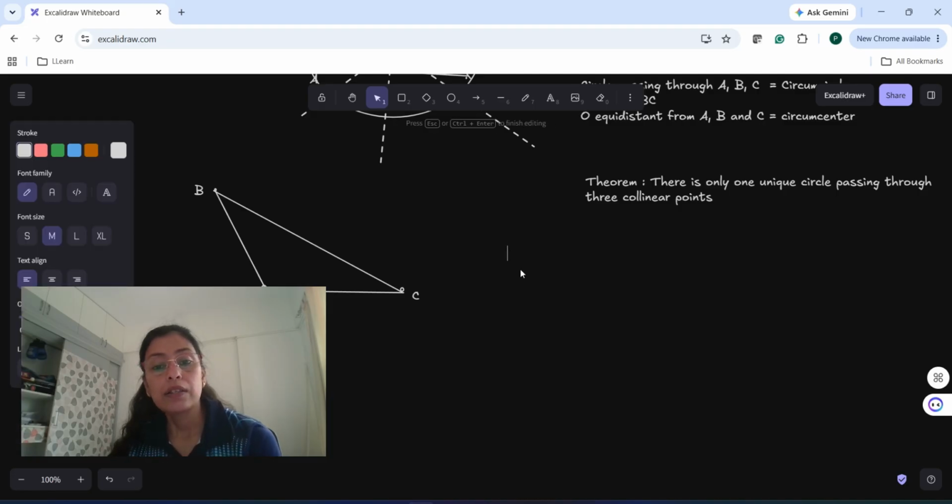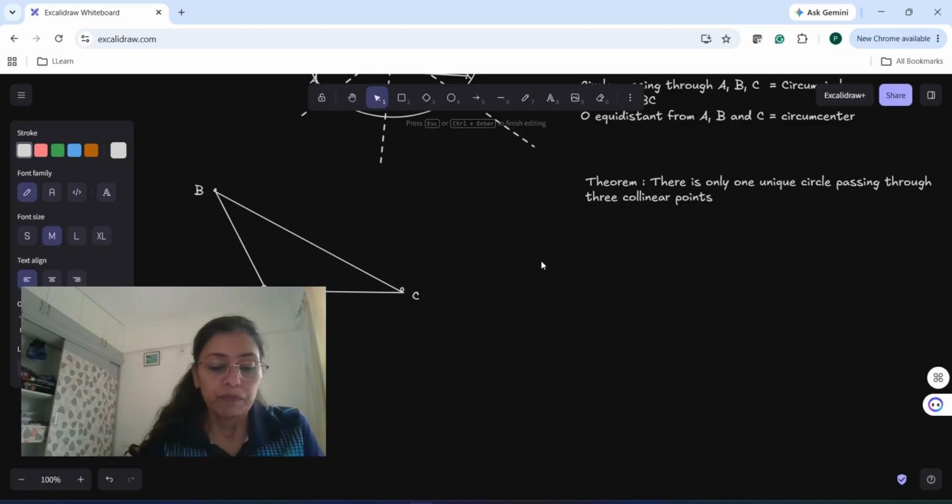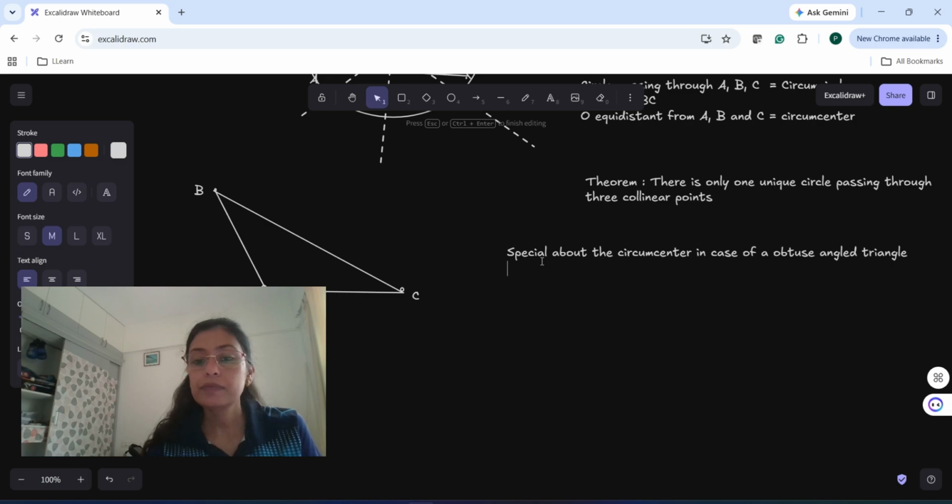And the homework is that when you do this, you need to come and tell me what is special about the circumcenter in case of an obtuse angle triangle, and what is special about the circumcenter of a right angled triangle.